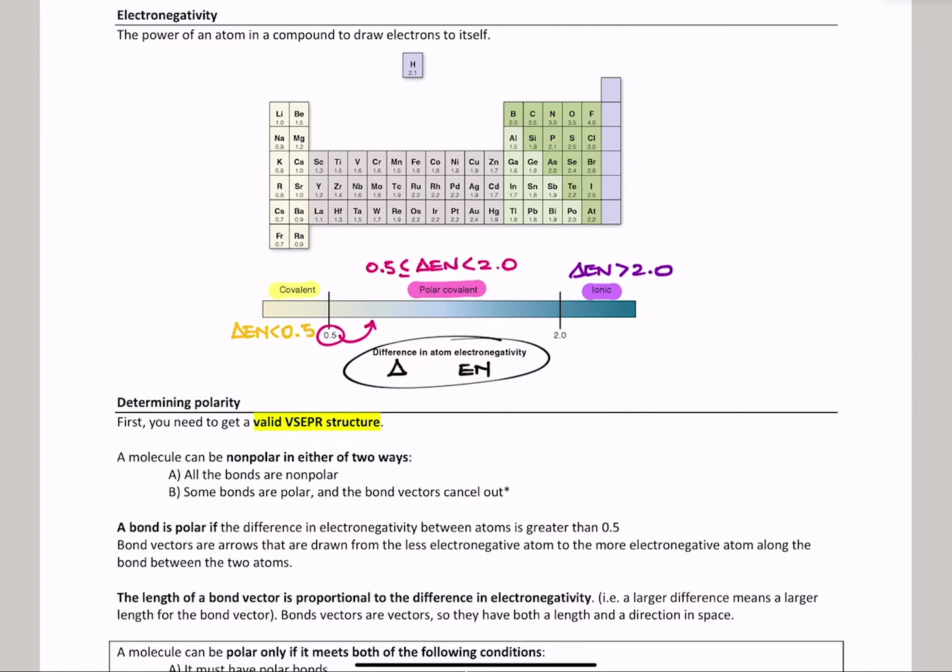And if you remember the definition of an ionic bond, the electrons are transferred. So they're not shared.